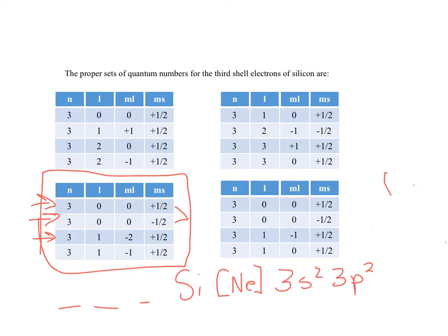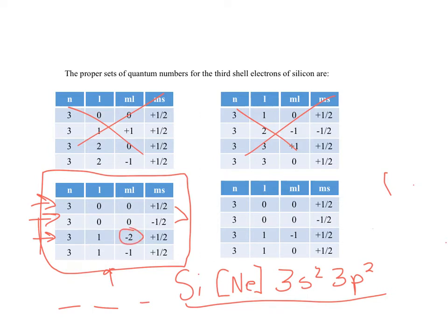Okay, so the first thing I did was I wrote out this electron configuration, right? And then I started to examine these, and I know that this one doesn't work because it goes directly to l equals 1 and then to l equals 2, and I only need an s and a p. And then I started to look through this one, and as soon as I got down here, I recognized that this m sub l is not allowed, right?